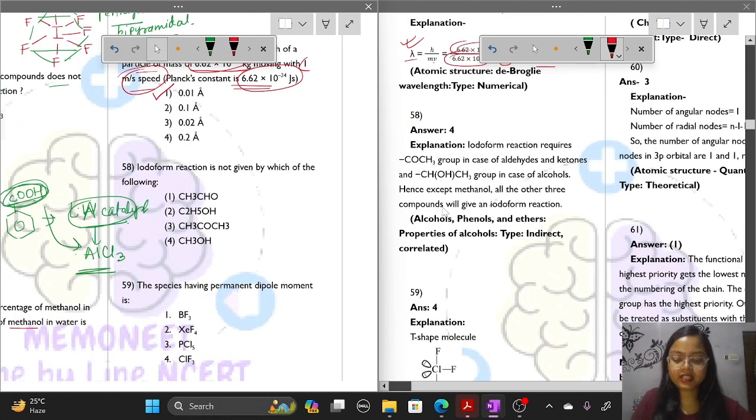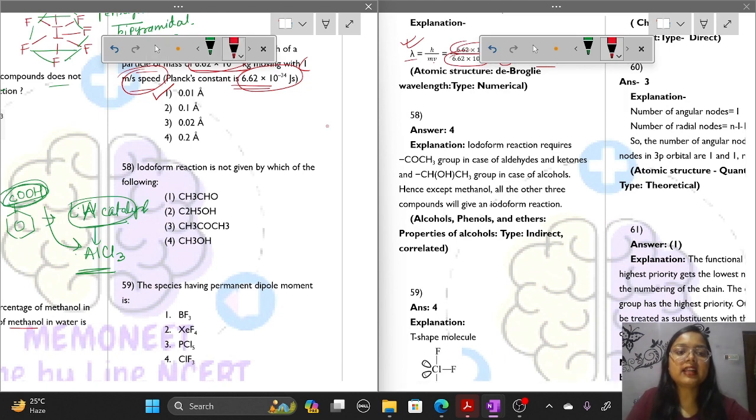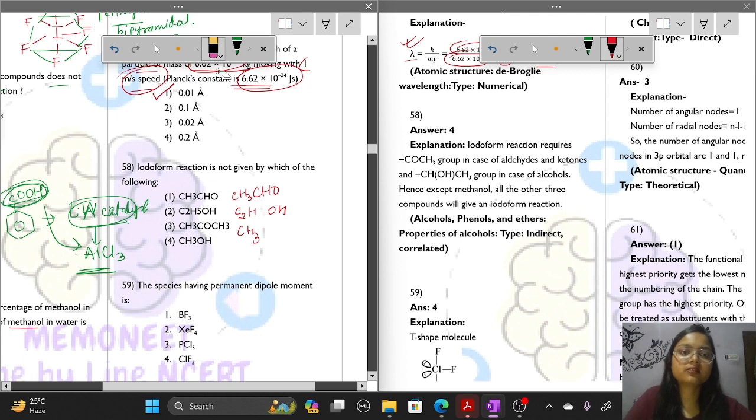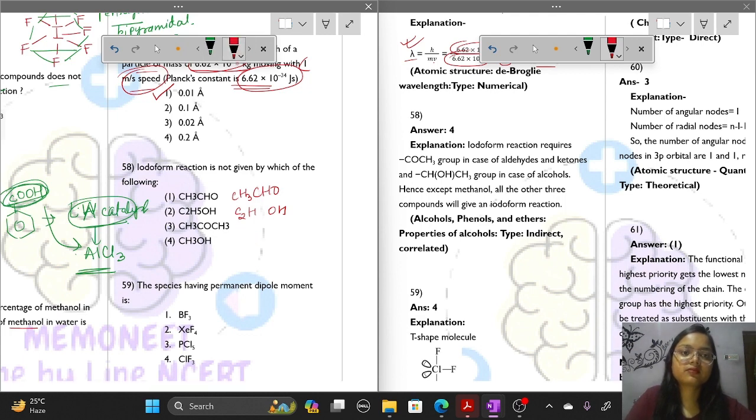For question number 58, iodoform reaction is not given by which of the following? Okay, so iodoform reaction is not given by which of the following: CH3CHO, C2H5OH, CH3COCH3, that is CH3, C double bond O, CH3, or CH3OH.